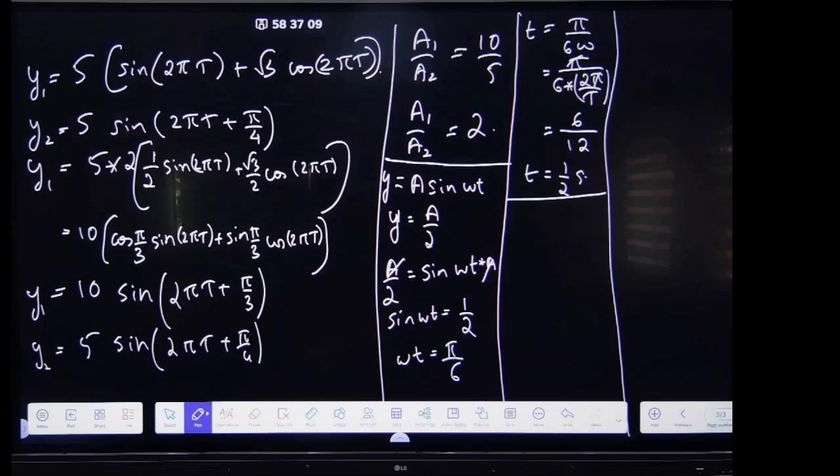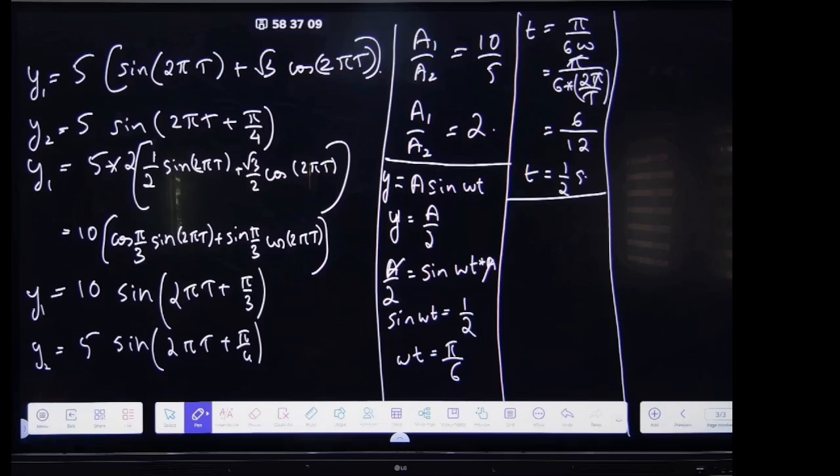Go for the next. A particle executes S-H-M with amplitude 0.2 meter and time period 24 seconds. The time required for it to move from mean position to a point 0.1 meter from the mean position. Okay, so that is a similar type of question.